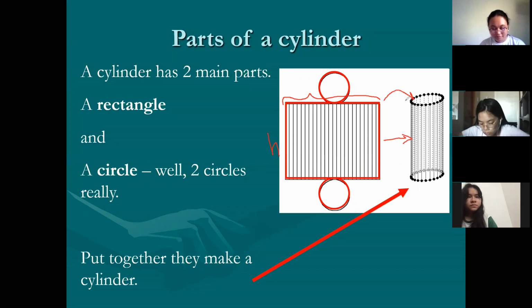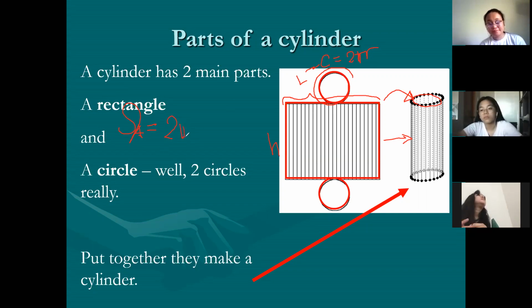That will tell you of the circumference of the circle, because that will go around the top and the bottom base to create the cylinder, which means to say that the length of this rectangle is the circumference of your circle, which will be 2 pi r.